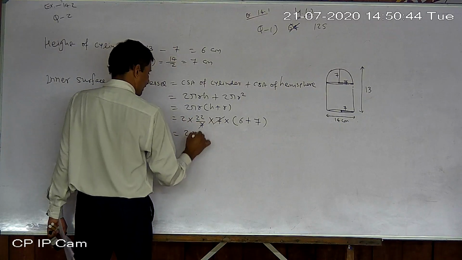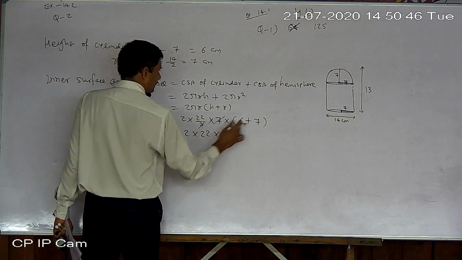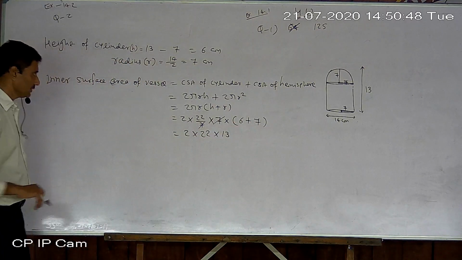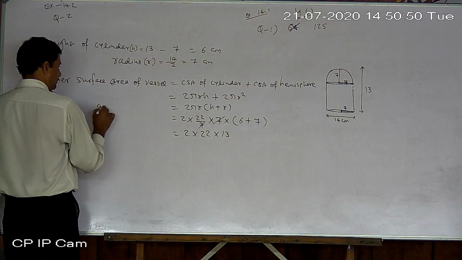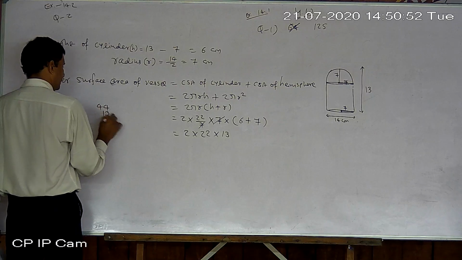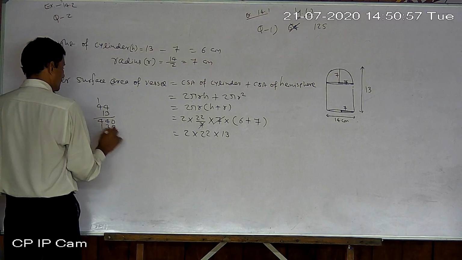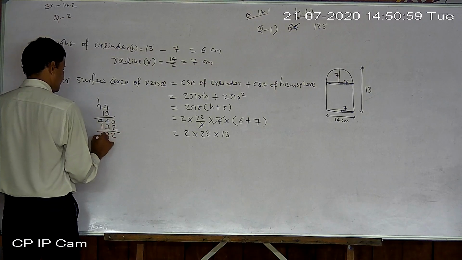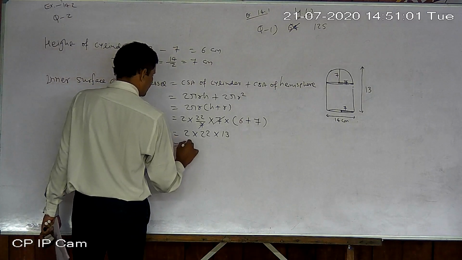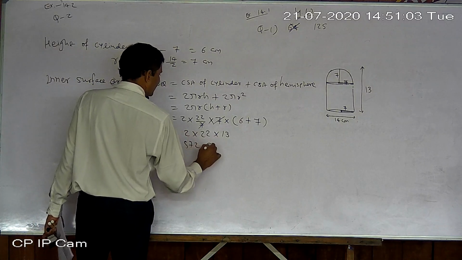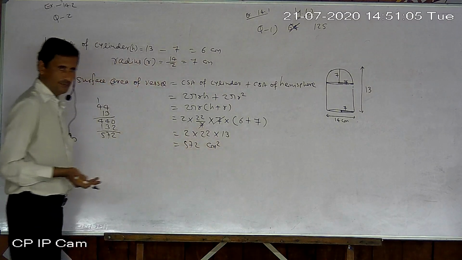So 2 into 22 into 13, 6 plus 7. Okay. So 2 into 22, 44 into 13: 4 3 are 12, 4 3 are 12, 13, 2, 7, 5. So 572 centimeter square or square centimeter.